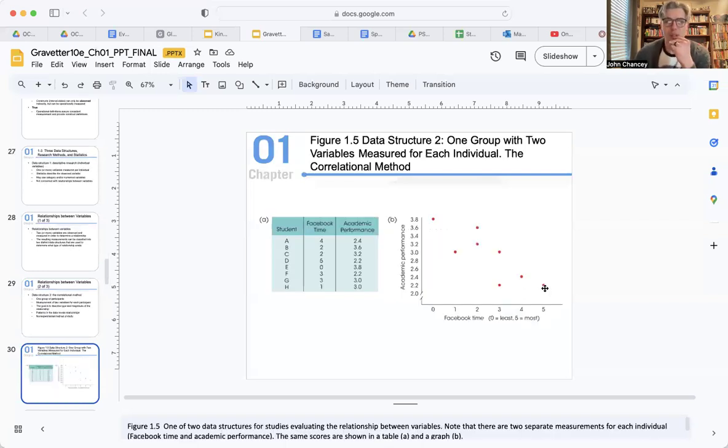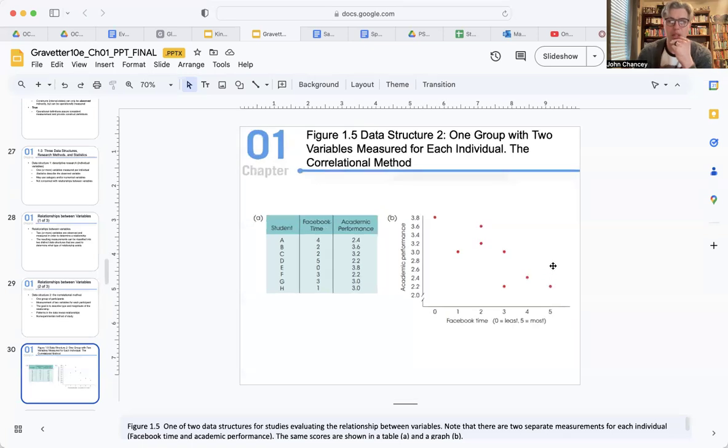Here is an example. It looks like collecting data on time spent on Facebook and academic performance. We have eight participants, and we rank them based on their Facebook time. We can clearly see, if you take your eye down this table, what would be a negative correlation.